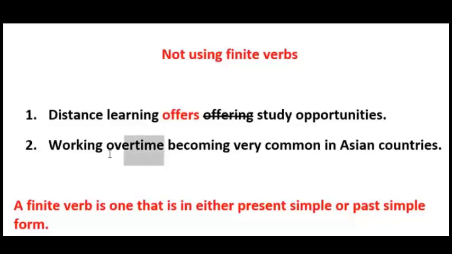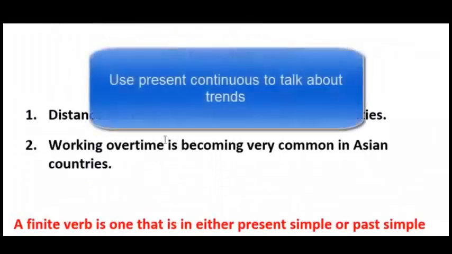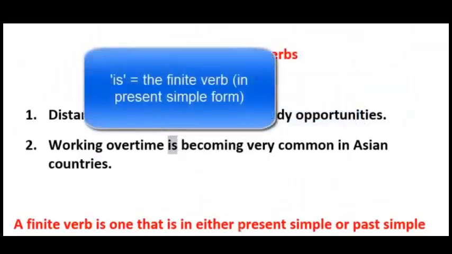Looking at number two, here is our subject, working overtime. If I were to change that into a pronoun, it would again be it. Now, I have two choices in terms of the finite verb I use and also the tense I use. If I look at the sentence, there's two main meanings. One could be I'm talking about a trend, in which case I would use the present continuous: is becoming very common in Asian countries. Is my finite verb in this case.